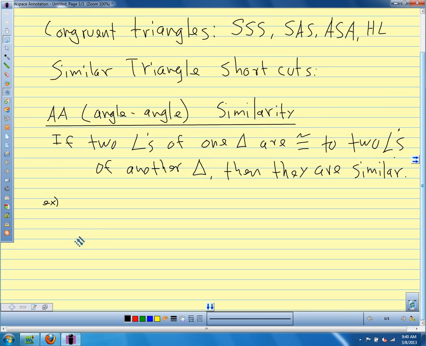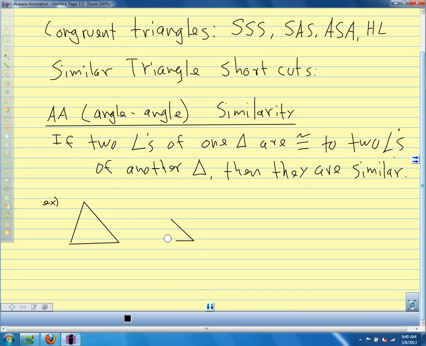So here are my triangles. Make that one a little bigger so I can put my angles in there a little better. Alright, so there are my triangles. These are not to scale.